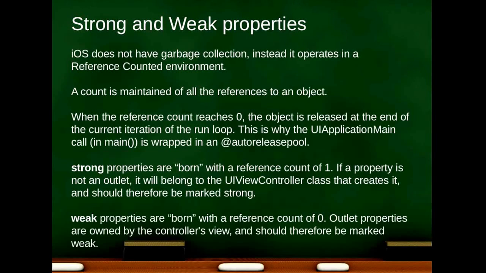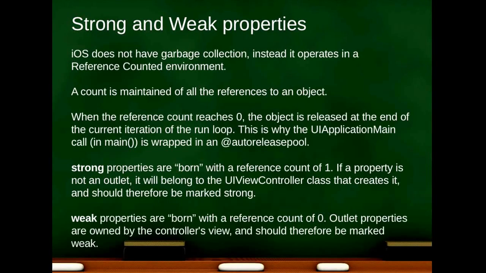Now, since iOS 5, we have a new wrapper around our programs called automatic reference counting. We can still reference count manually, but we have to set a flag in the compiler to compile the code without automatic reference counting. Automatic reference counting is not garbage collection. It still relies on the reference count. So what is a reference count?